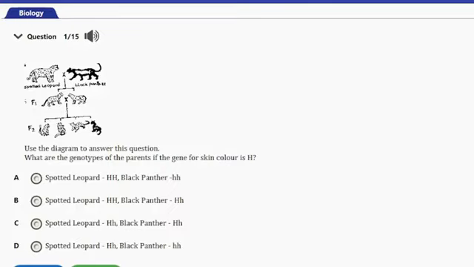If you consider all these, the only situation here where you will have all the F1 generation showing phenotypically this color of spotted leopard is for option A. If you have homozygous for a recessive gene from one parent and a dominant gene for the other parent, all the F1 generation is going to show phenotypically that dominant character, right?